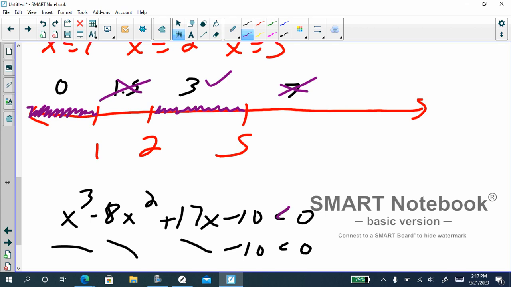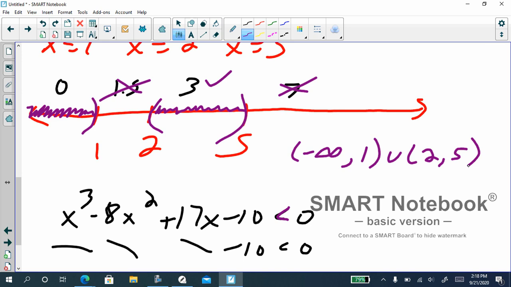Notice we do not include where it's equal, so we don't include 1, 2 or 5. If we did include where it was equal, we would have a bracket at those. So if we write this as intervals, we go from negative infinity to 1, and then from 2 to 5. Those are the values for which our inequality holds true.